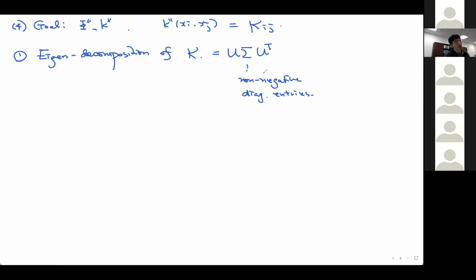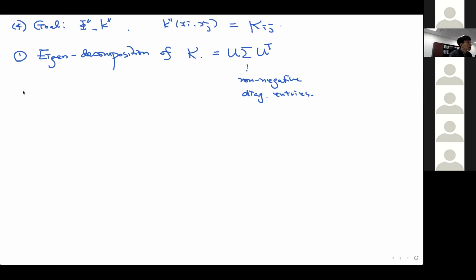This is a fact that comes from the property that our kernel is PDS, and the induced kernel matrix K, or Gram matrix K, is positive semi-definite and symmetric and has this type of eigen decomposition. Okay, so why are we doing this?